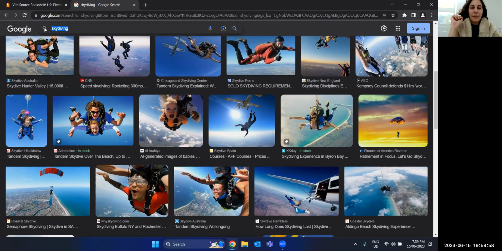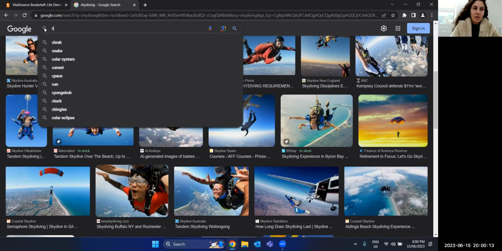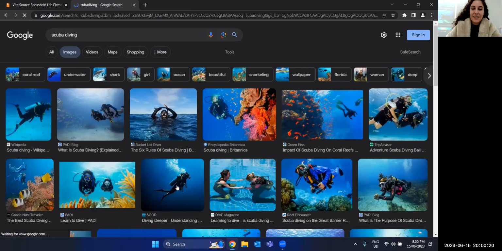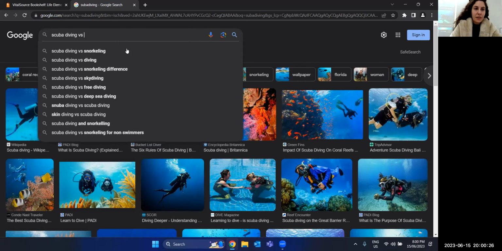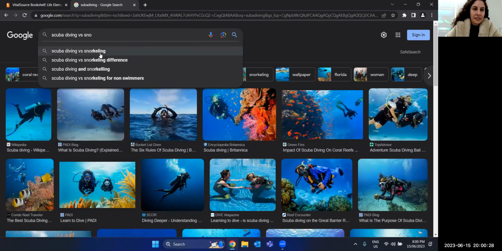Yes, scuba diving. Is it this one? Under the water, or the one where they just wear the snorkel? Because there's a difference between this one and snorkeling.